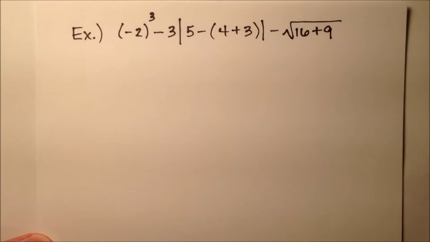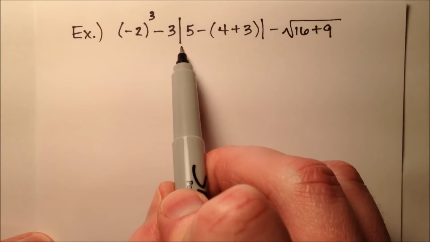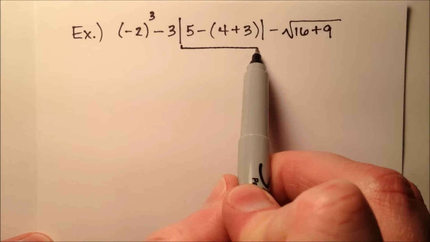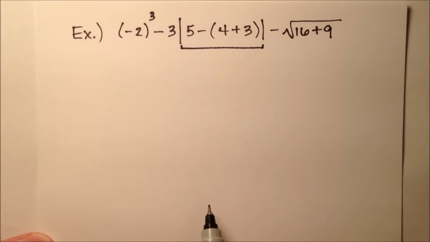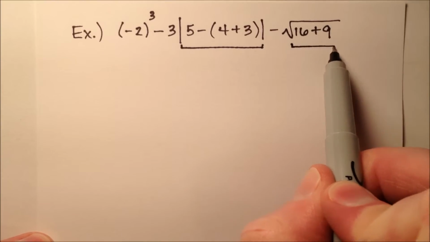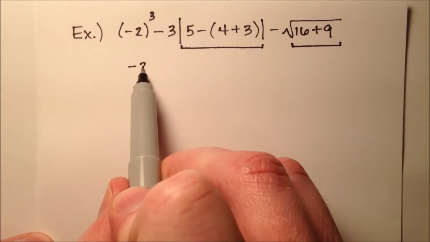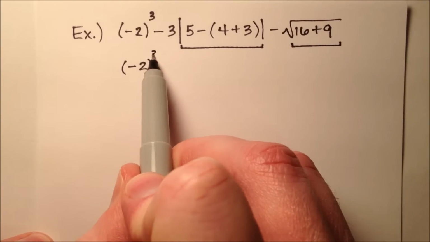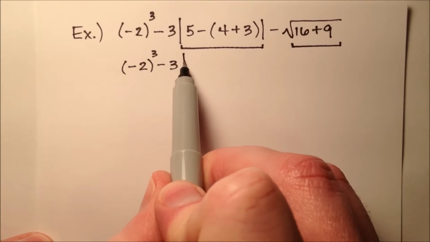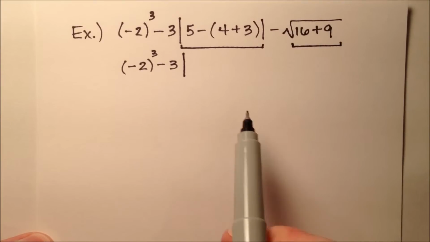In this next example, we'll see that we have a couple of different grouping symbols that we can work with first. So I see an absolute value right there, and that's considered a grouping symbol. And I also have a radical, and that's considered a grouping symbol. So I'm going to start there and just rewrite my problem as I see it, and then work on simplifying what's inside first.